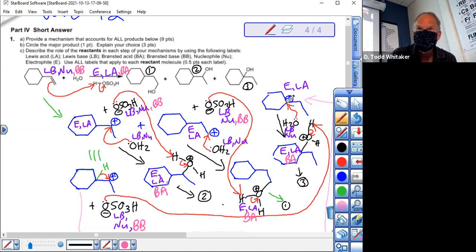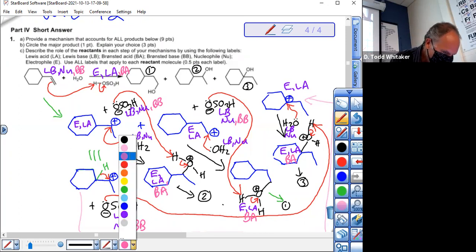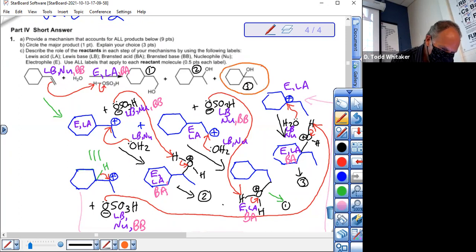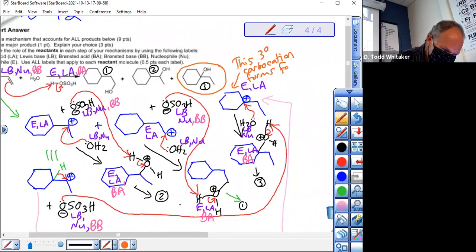This will be the fastest one. And you're going to write it like this, part B. We'll do all of part B in orange. There's your circle. And then you have to talk about this tertiary carbocation forms fastest because it has the most, what's the magic word?